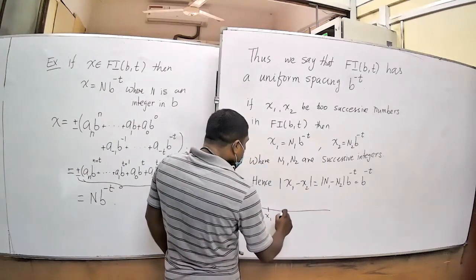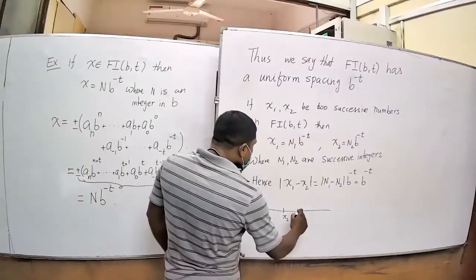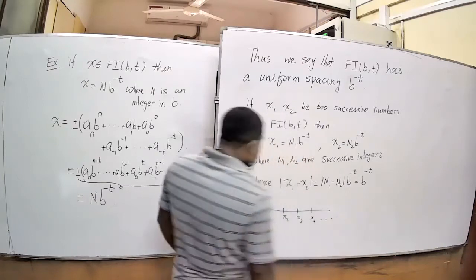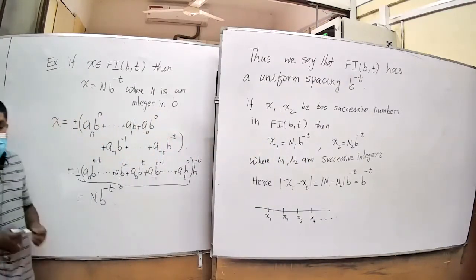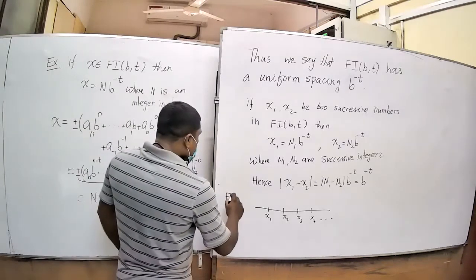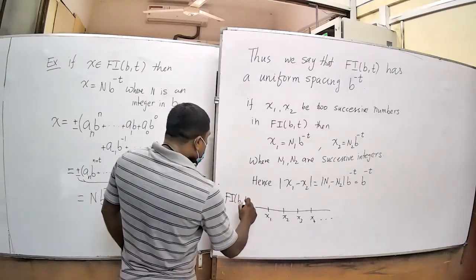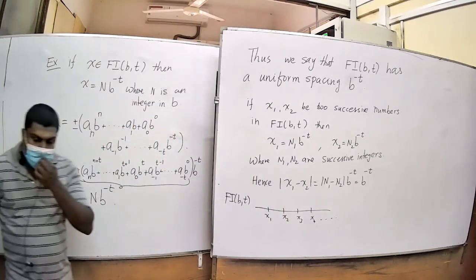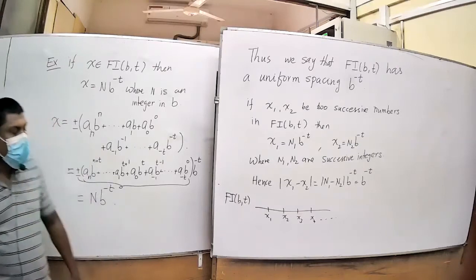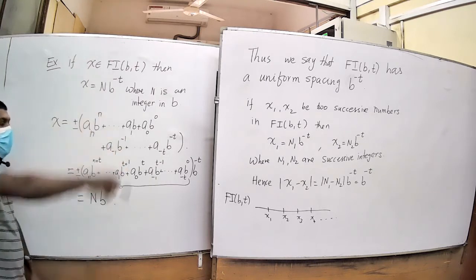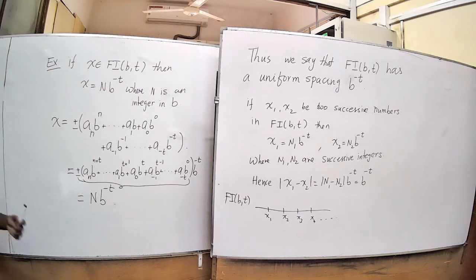If you have x1, you will have x2, x3, x4, and continue like this, and you will never have numbers in between. If you draw F(b,t) on a number line, you will never have numbers in between: one number, space, another number, space, another number, and like that.